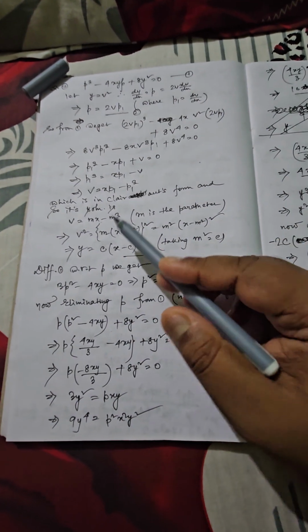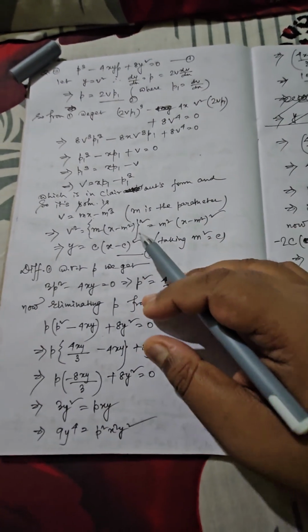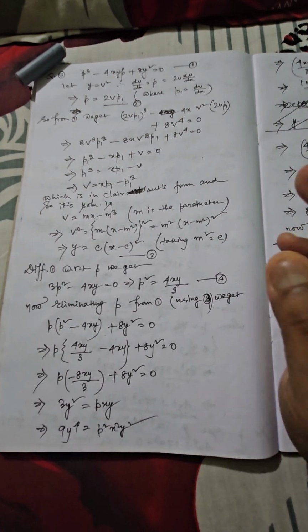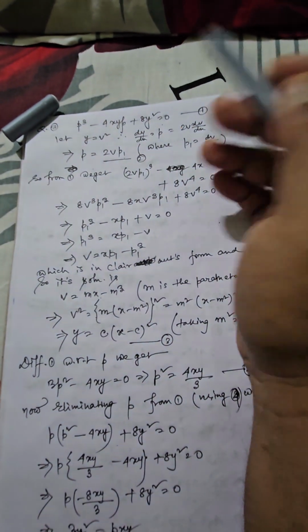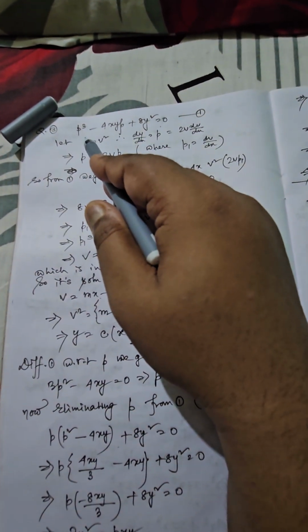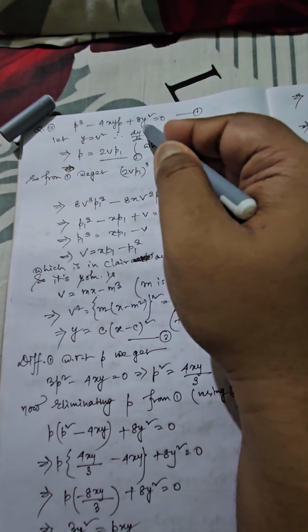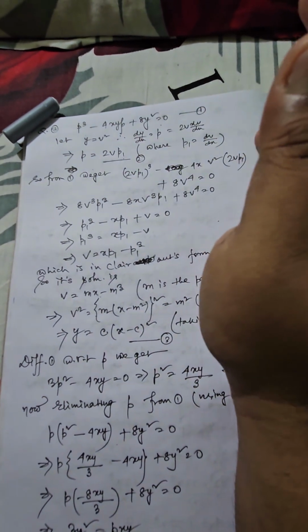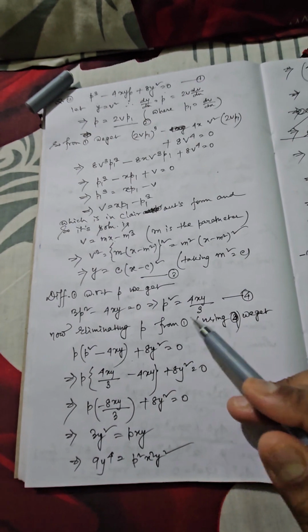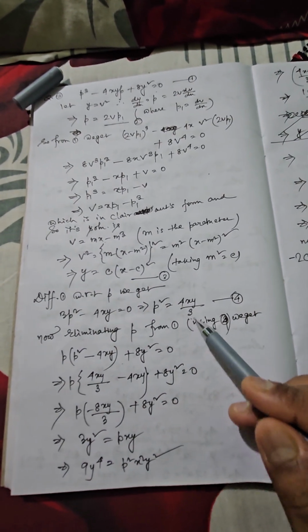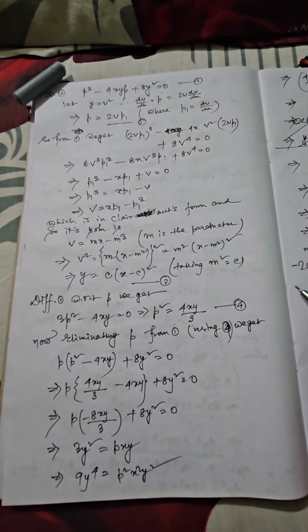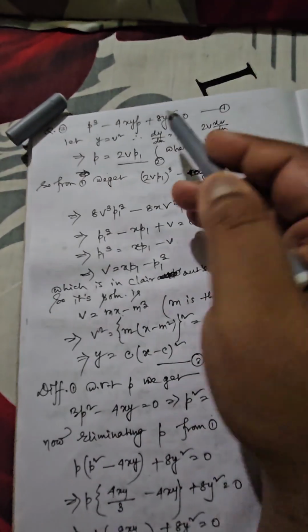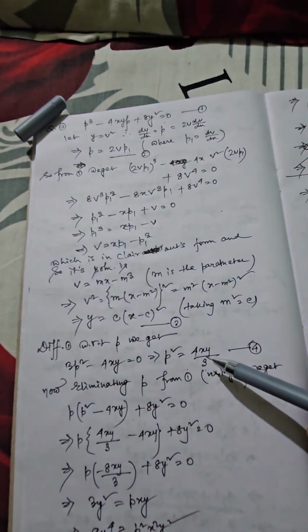Now again, in order to get the p discriminant relation, several times I told you we need to eliminate p anyhow. Because of that we are differentiating the main equation with respect to p. Obviously this is a partial differentiation. So you will get 3p square minus 4xy, and this part will be 0 with respect to differentiation under p. So from here you will get p square equal to 4xy by 3. Now you can use the value of p in equation 1, that has been obtained from 4.